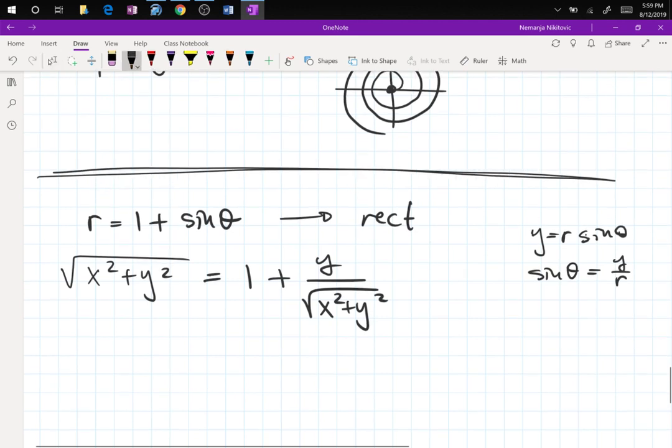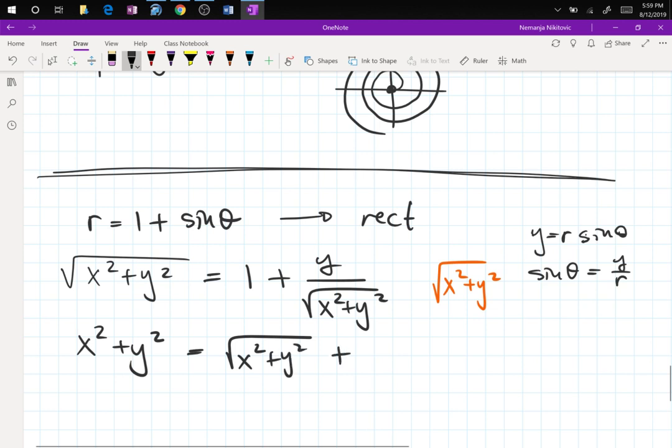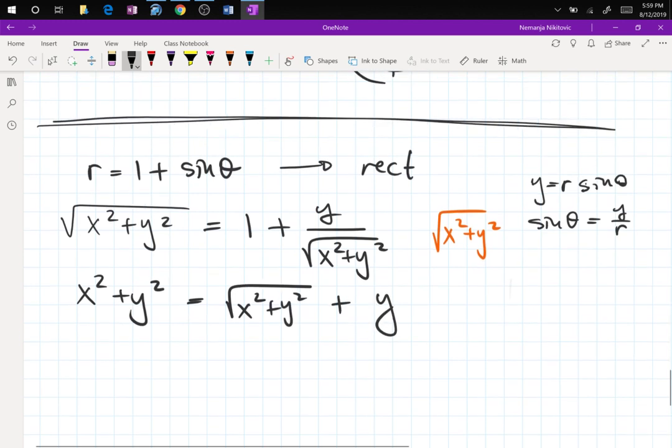So now you multiply both sides by the square root of x squared plus y squared. On the left-hand side, you have x squared plus y squared is equal to the square root of x squared plus y squared, plus these guys will cancel, plus y.